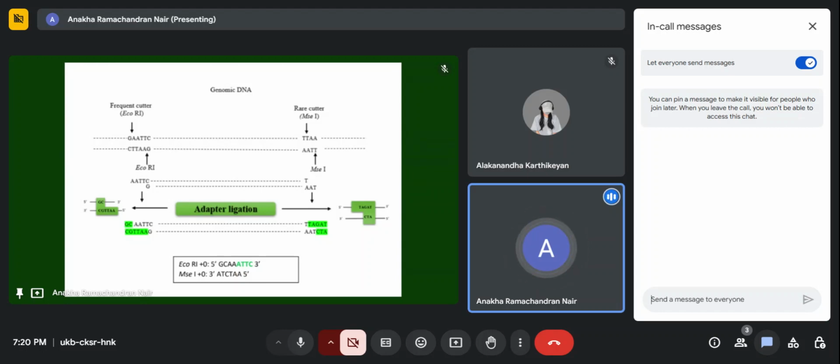Actually, it should be opposite. Yeah, I'm pretty sure it's supposed to be opposite because MSE1 is just four base pairs, so it's a frequent cutter, and because EcoR1 is a six base pair restriction site, it's a rare cutter, right?